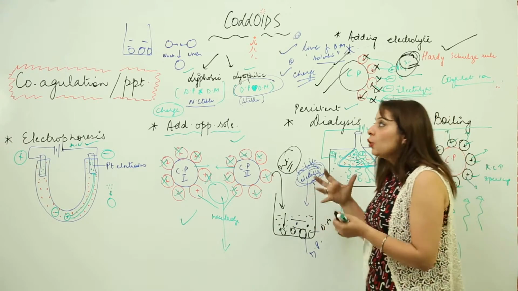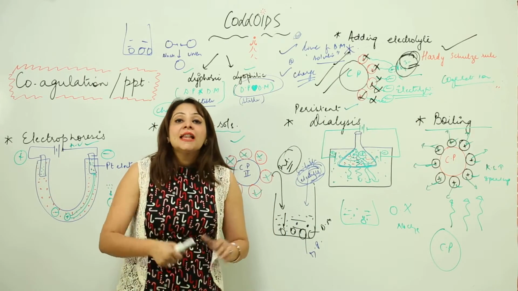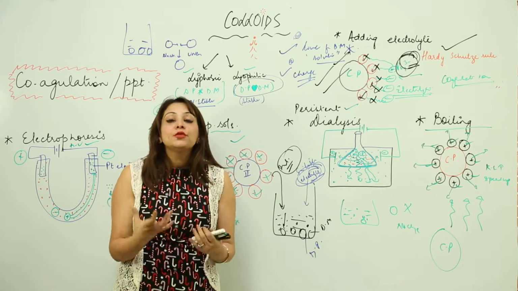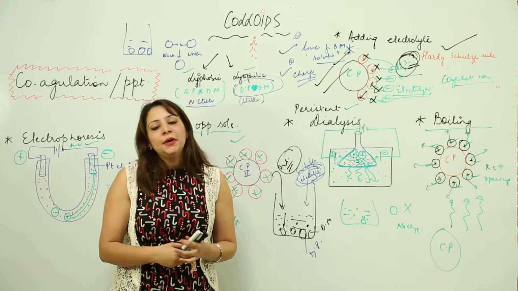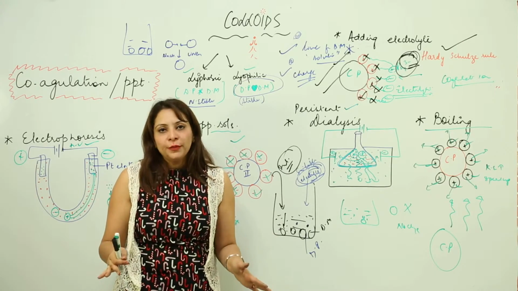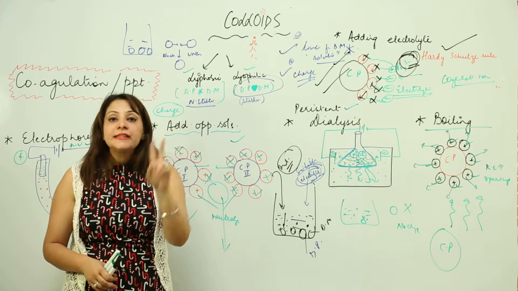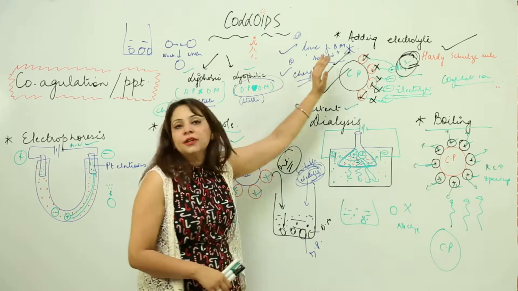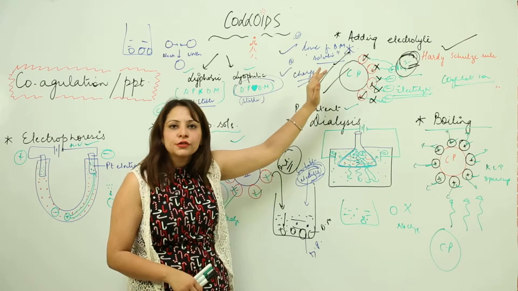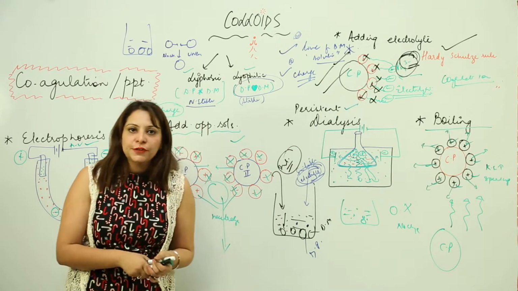So coagulation can occur in lyophobic as well as in lyophilic sols, and the reason is that we just have to make them unstable. How can we make them unstable? For the lyophobic, by removing the charge. But in the lyophilic we need to consider the second factor also. That means we need to reduce the solvation also, because we need to put a hate feeling between the dispersed phase and the dispersion medium.